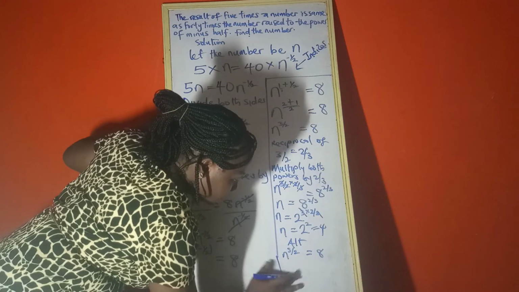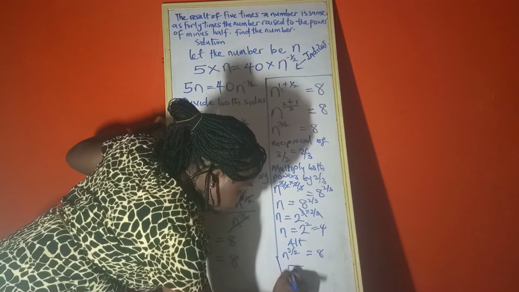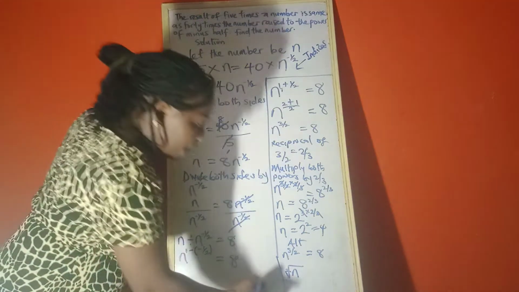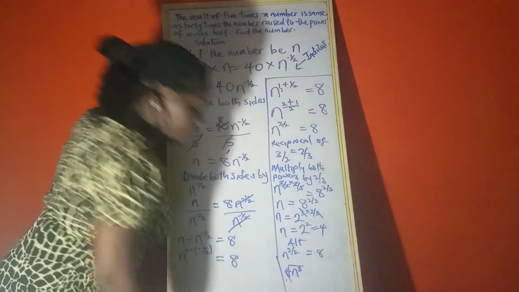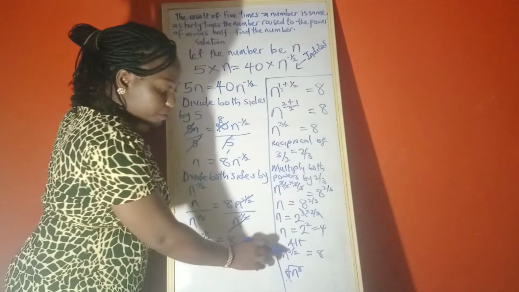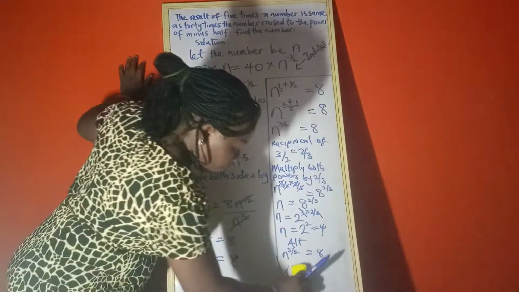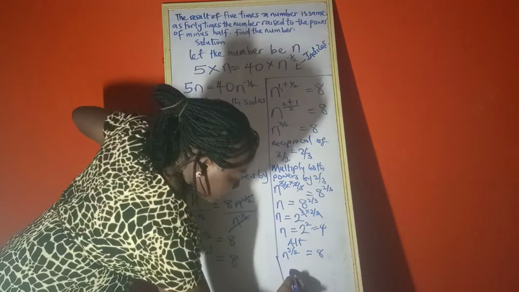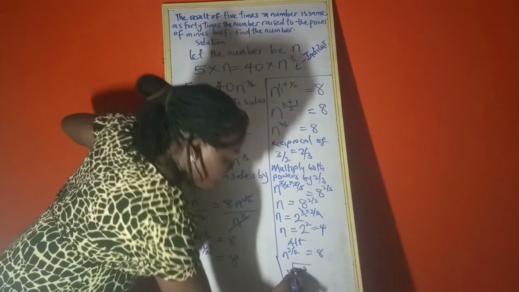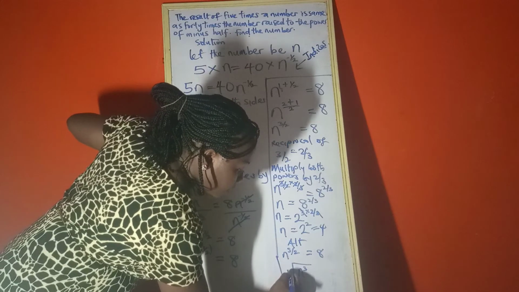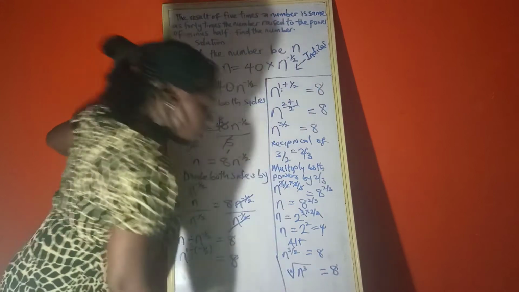So this is the square root of n cube, n raised to power 3, and the 2 there becomes square root. Sorry, I don't know if you can see it properly. This is what I'm trying to do. The square root of n cube equals to 8.